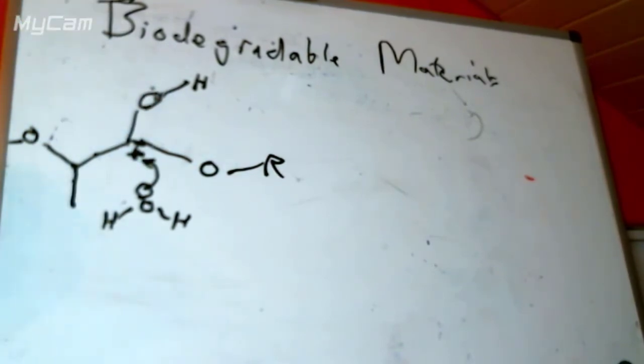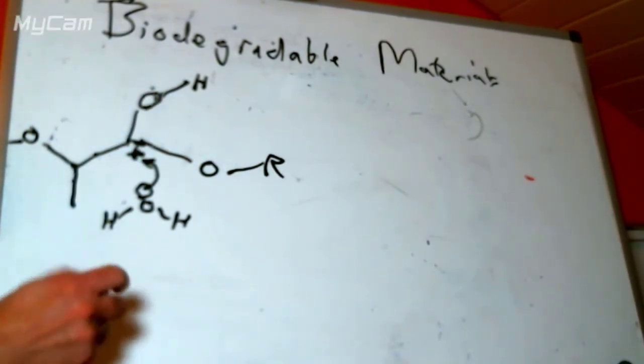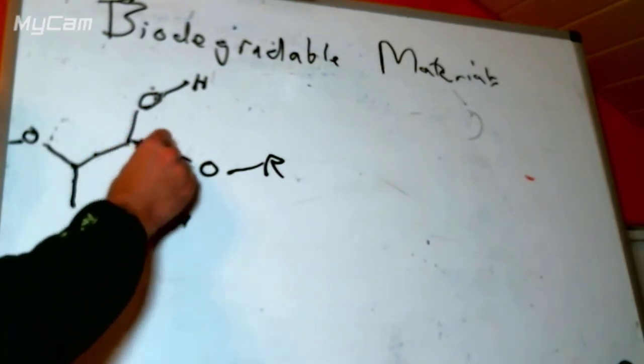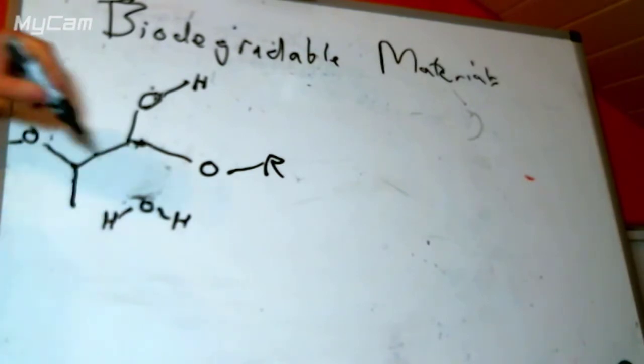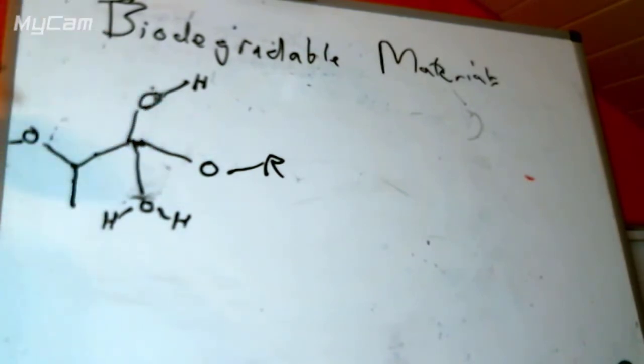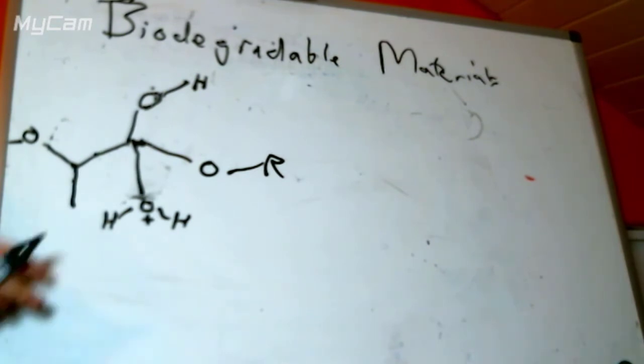Now I need to resolve that. The plus will now be transferred to this oxygen here. So now we end up with this molecule with a plus down here, and it can now regenerate its hydrogen by dropping one of these two hydrogens off here.